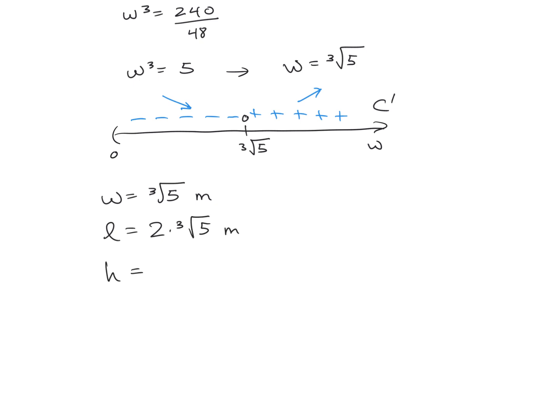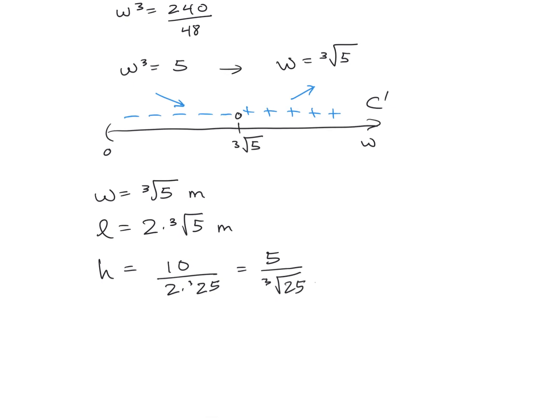And then the height will just be 10 divided by that product. So that'll be 2 times the cube root of 25. So that's really 5 over the cube root of 25. And we can actually rationalize this as well. So if we do that, we would multiply by the cube root of 5 above and below.